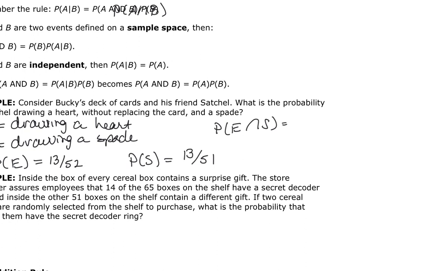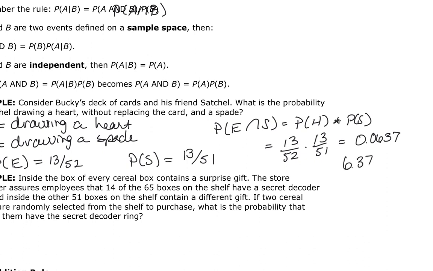So this can be done as the probability of the heart first multiplied by the probability of the spade. This is 13 over 52 multiplied by 13 over 51, which gives us 0.0637, or in other words, a 6.3% chance of drawing a heart first and then a spade.